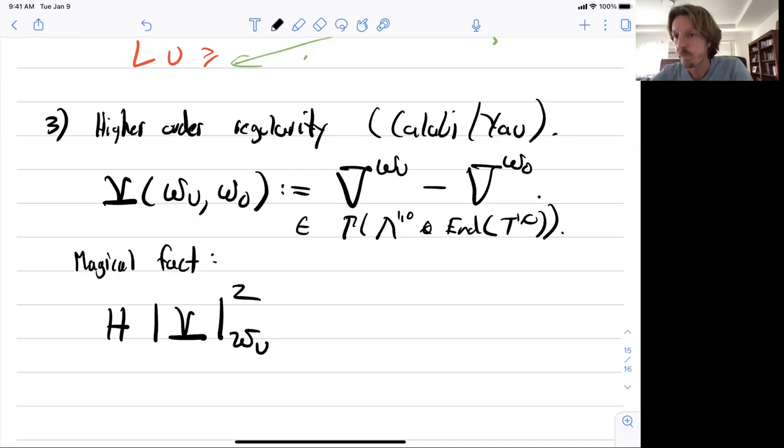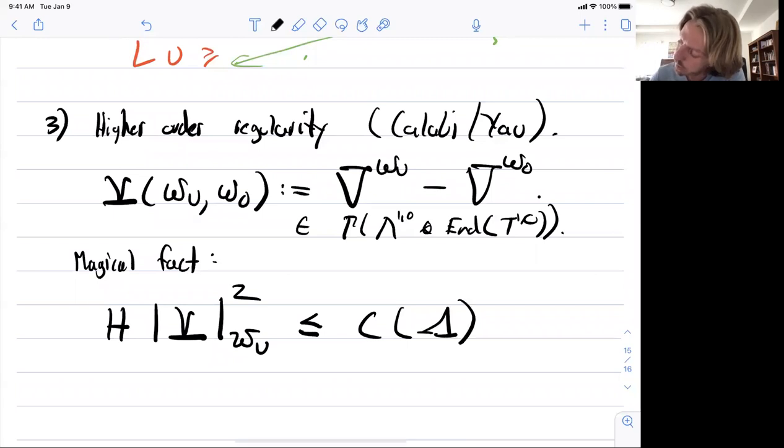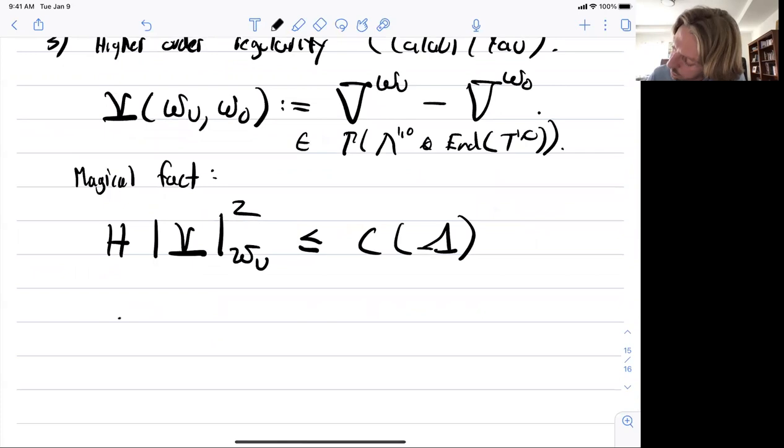And then the totally amazing thing is that this is bounded above by a constant depending on lambda, where lambda is the constant governing this uniformity.